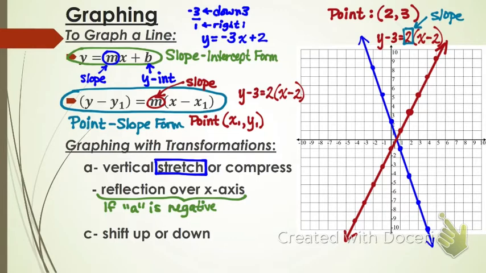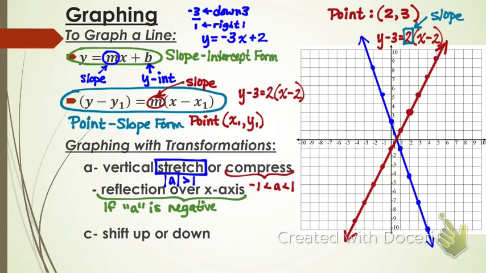So stretch is going to be if the distance from 0, so the absolute value of A, is more than 1. We can have negative numbers that stretch it as well. Negative numbers will stretch it if they're farther away from 0 than 1. A compression has to be closer to 0. So in order for a compression to happen, my A value has to be in between +1 and -1.